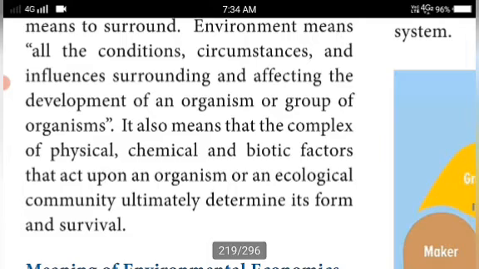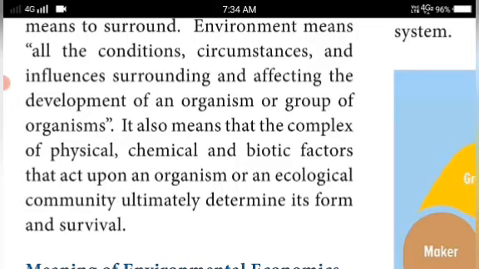It also means the complexion of physical, chemical and biotic factors that act upon an organism or an ecological community and ultimately determine its form or survival.